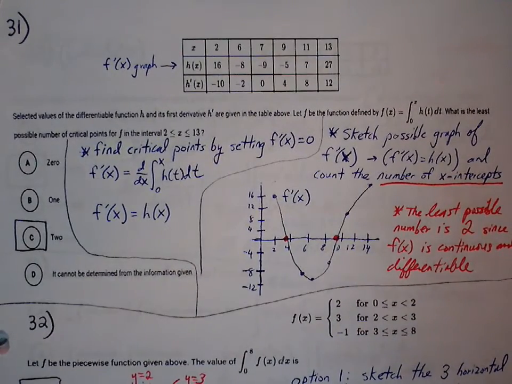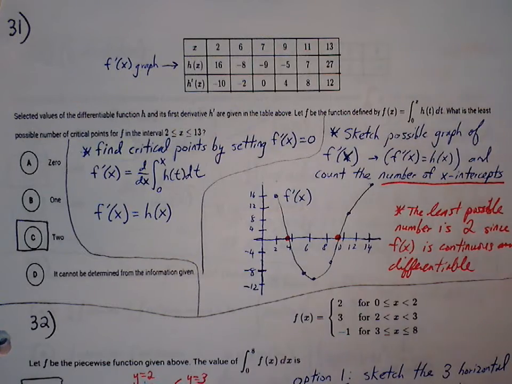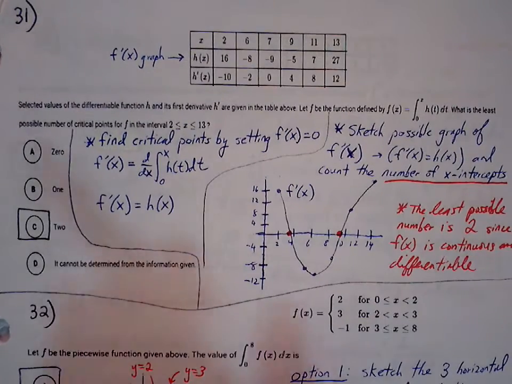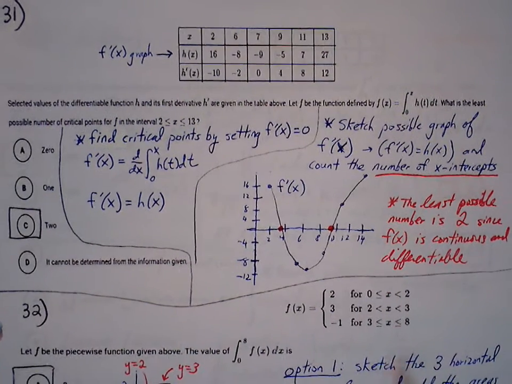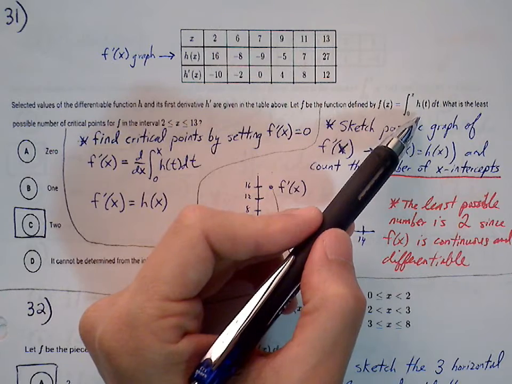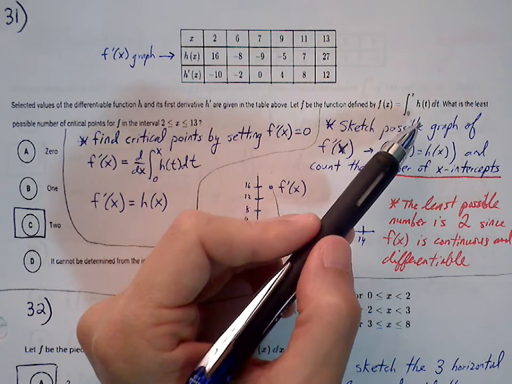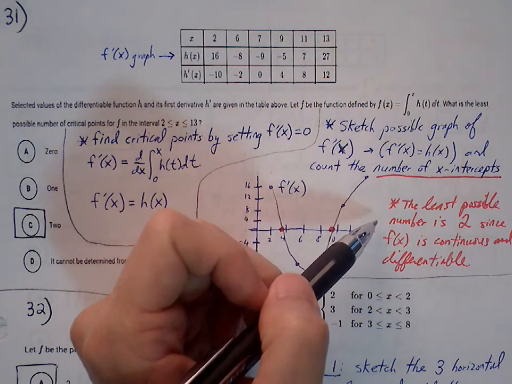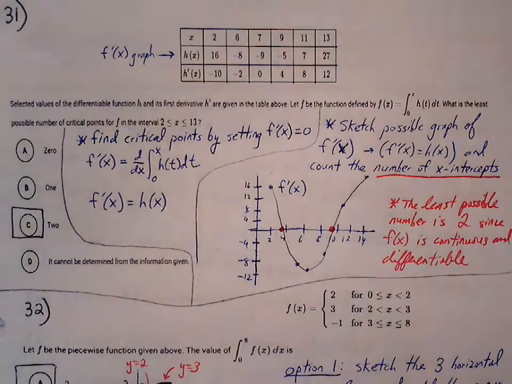All right, 31. Select values of the differentiable function h and its derivative are given in the table. Let f be the function defined by f of x equals the definite integral from 0 to x of h of t dt. What is the least possible number of critical points in the interval from 2 to 13?